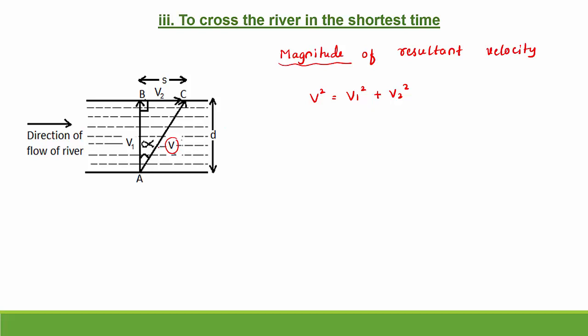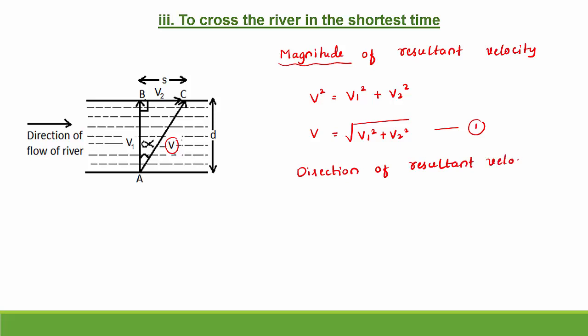According to Pythagoras theorem, we can write AC square equal to AB square plus BC square, or V square equal to V1 square plus V2 square. We want the value of V. So V equal to square root of V1 square plus V2 square, and this is the magnitude of resultant velocity in the third application. Similarly, we can find direction of resultant velocity.